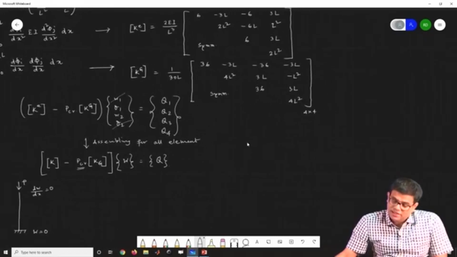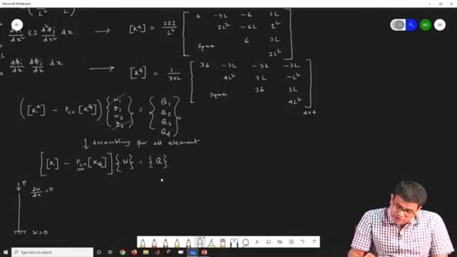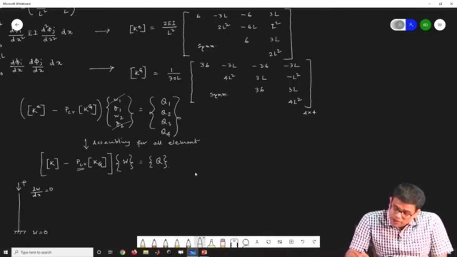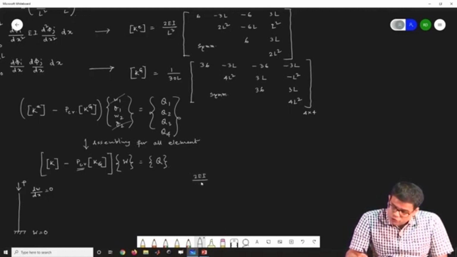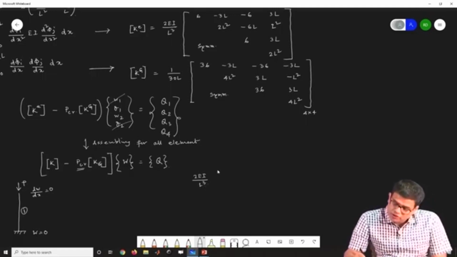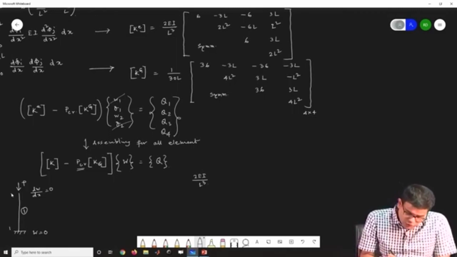So if I now write this equation, what will be our matrix form? The matrix form will be 2EI by L cubed, 2EI by L cubed. This is just one element, this is 1, this is 2.